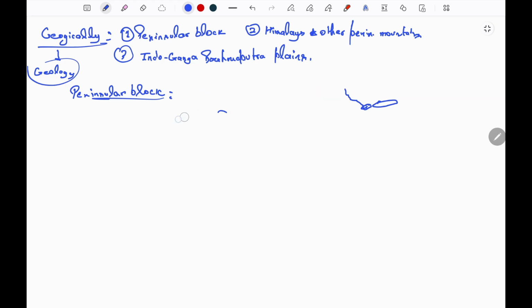Now it is geologically strong, with rigid rocks, which are ancient gneiss and granite.